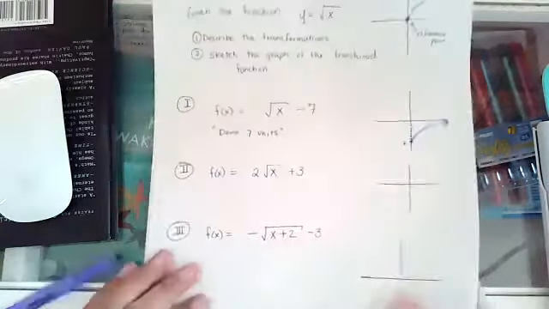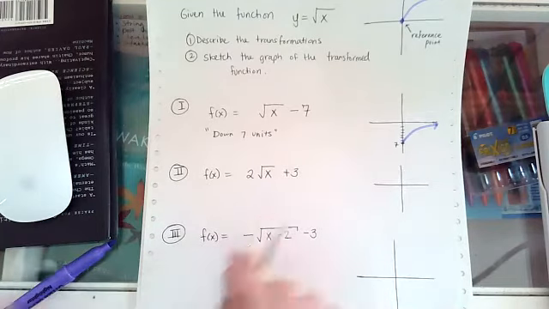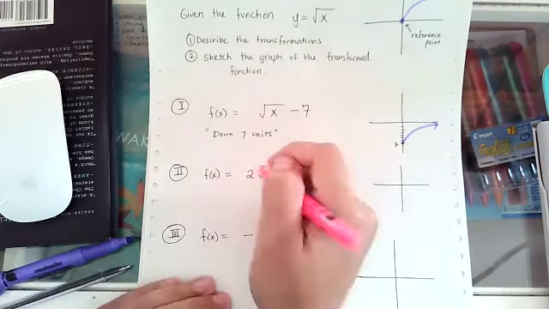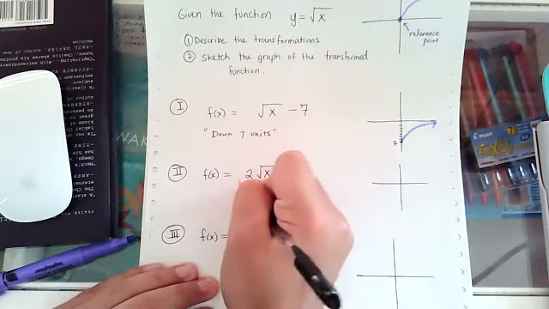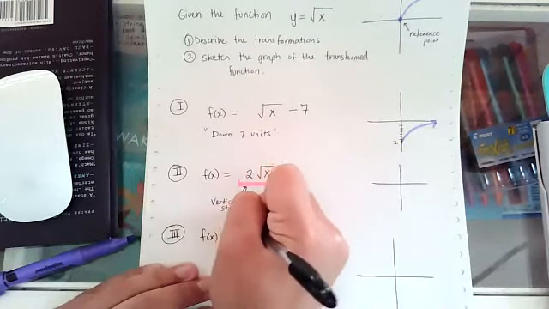Okay. For the second graph, it looks like 2 transformations have been applied. And so I might label those transformations. I might say, okay, I'm multiplying a number by the function. So that's telling me something. And then I'm adding a number on the outside of the function. So if I'm multiplying a number, that has to be a vertical stretch.